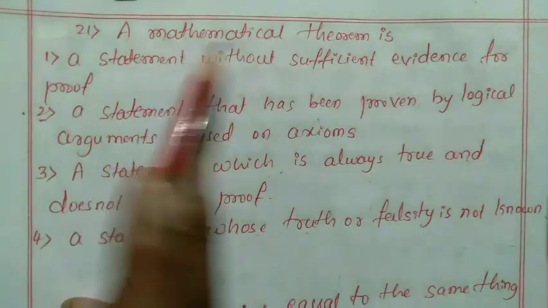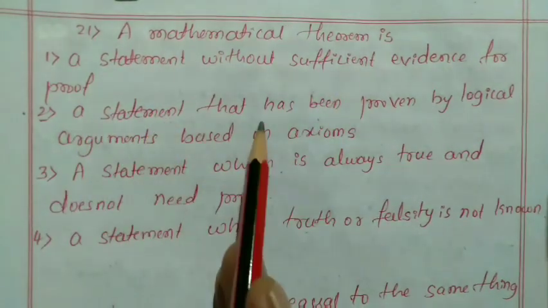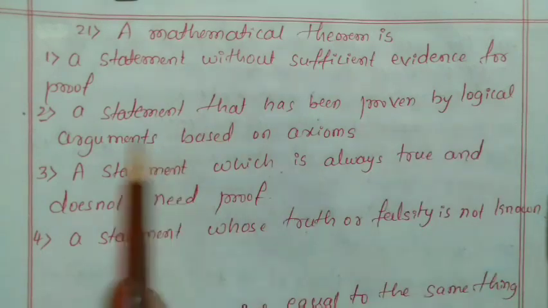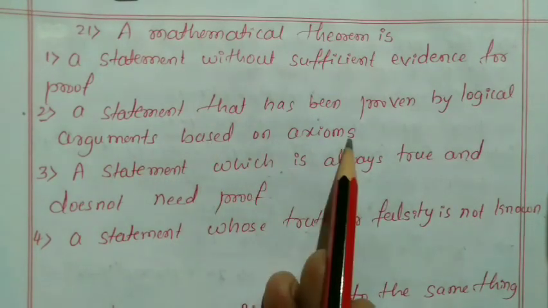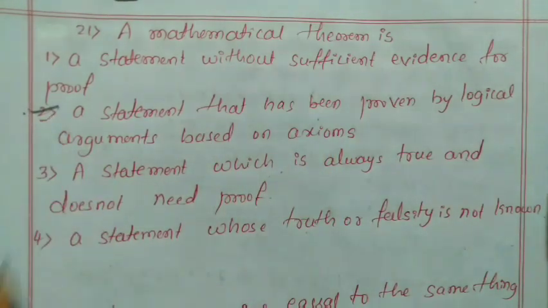So the correct option is: a mathematical theorem is a statement that has been proven by logical arguments based on axioms. This is the correct answer.